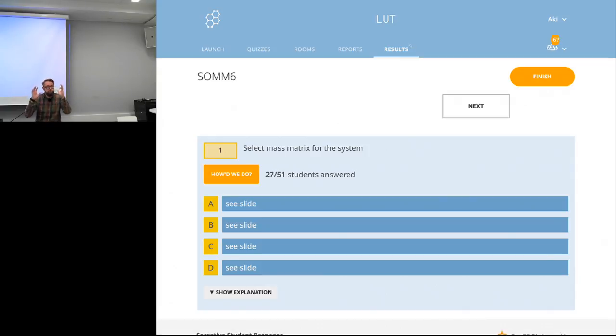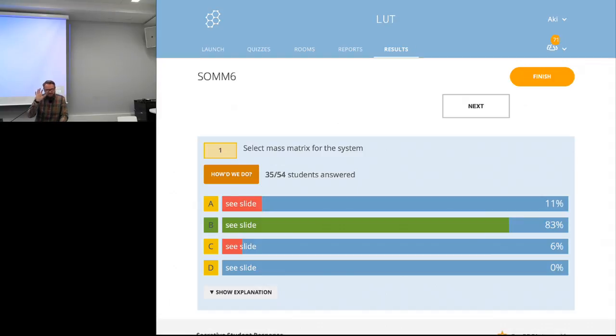This is, again, the first question, the one where you have to select the mass matrix. I think you entered your answer then. Okay, so let me check the success rate. I'm not sure if you can see the success rate through YouTube. You can. Okay, I'm going to close the first one. Not 100%, but very high. 83%.